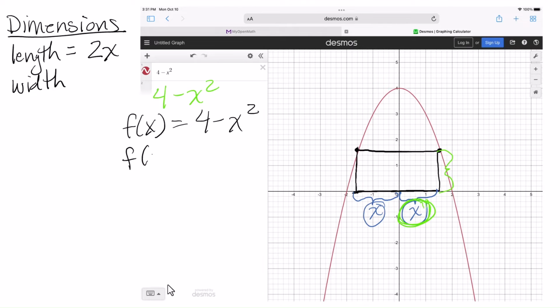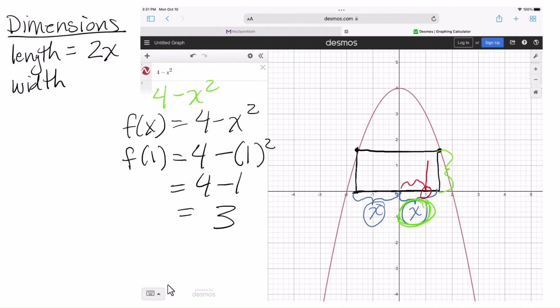If I had f of 1, that brought me all the way up here. And if I had f of negative 1, that would also come up here.